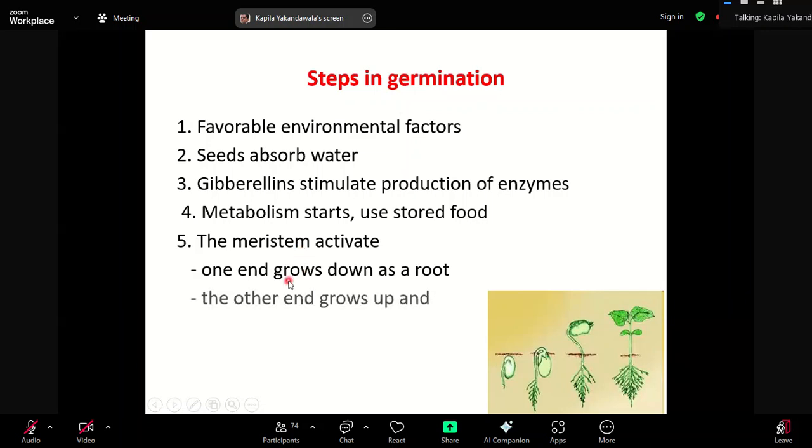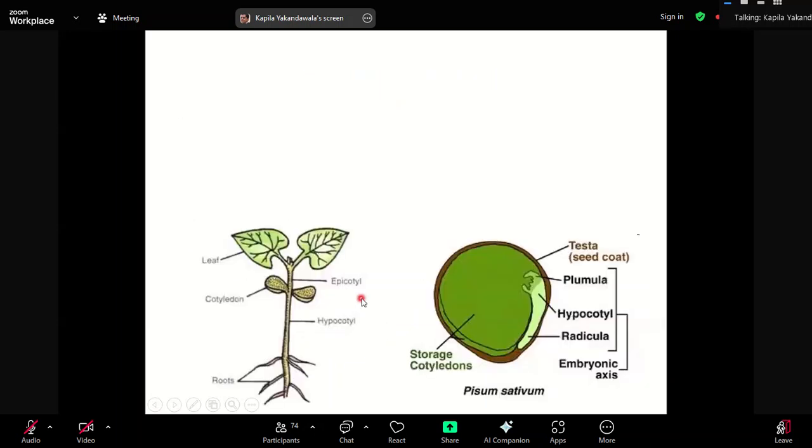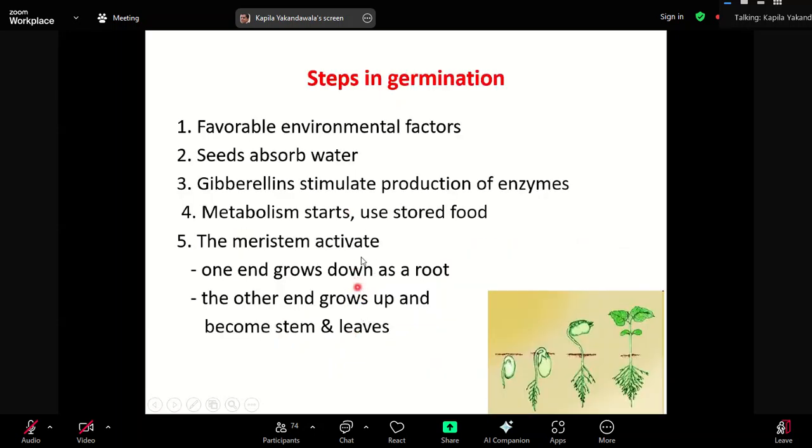So the root system and shoot system can develop, right? To begin with, initially the seed will not have any root system, but the seed can absorb water. That will initiate metabolic activities within the seed, right? Not the radicle, before the seed forms the radicle, the seed can absorb water through the process called imbibition.